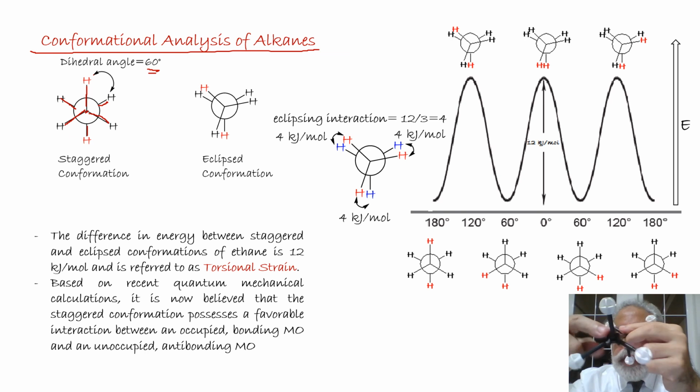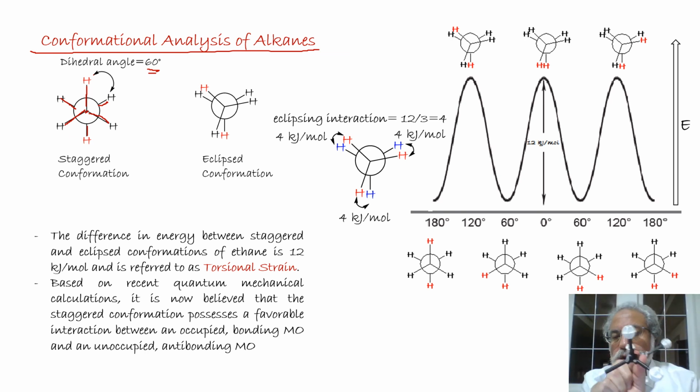It's carbon single bond carbon, so we expect free rotation. If we move this 60 degrees, see, now the hydrogens are very close to each other with dihedral angle equal to 0.